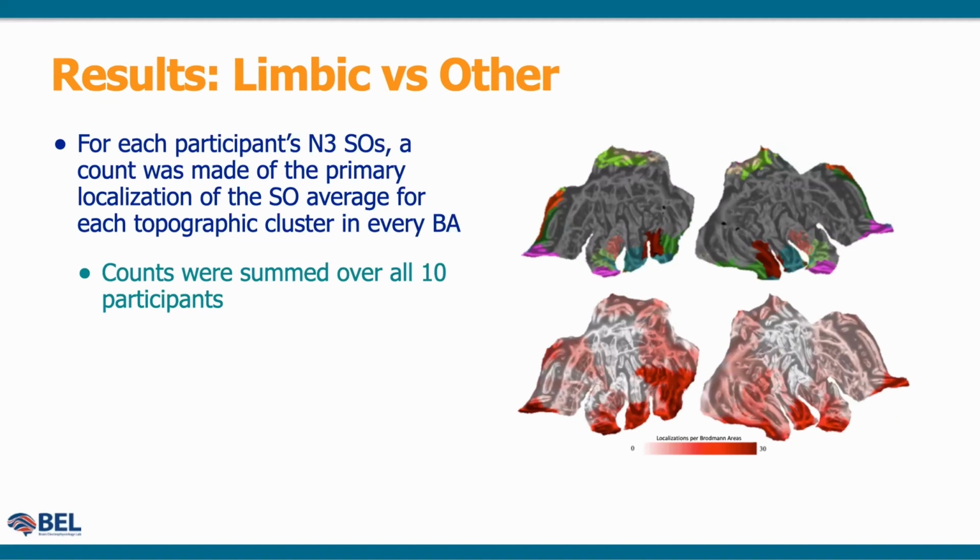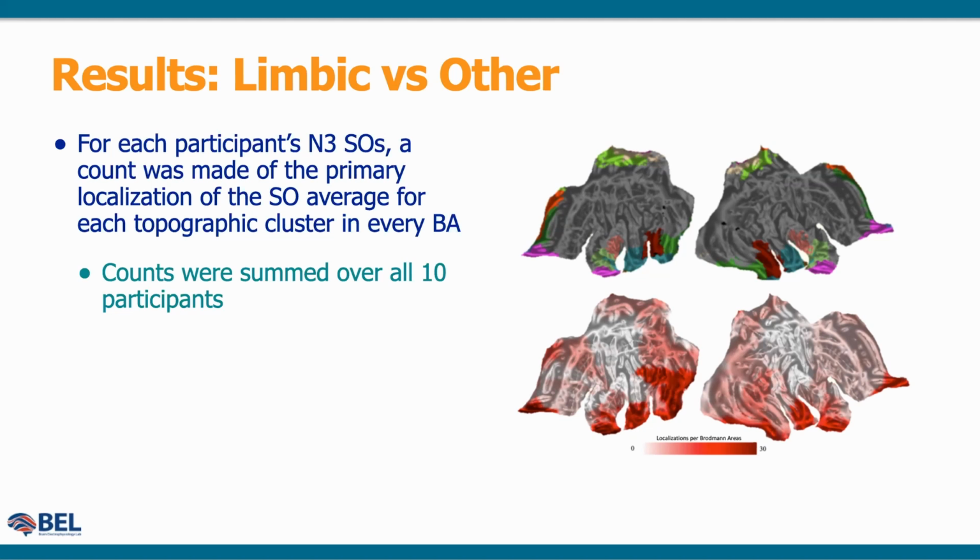So basically we went through every individual and then every category of SO, and we took every single slow oscillation and made either a check for limbic or non-limbic, and we summed that over all 10 participants and made a heat map to show where typically the slow oscillations were mapped at their peak.